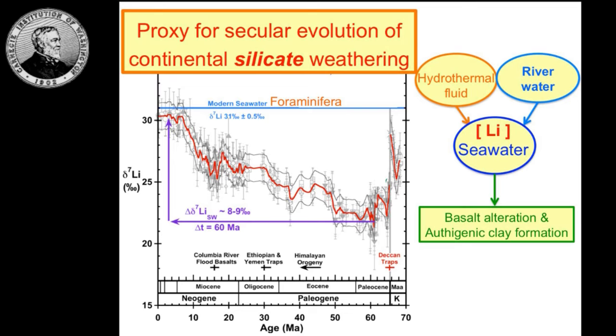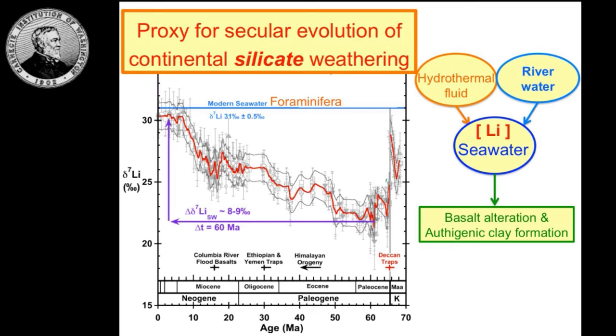So it's actually not very easy to say. However, I would say hydrothermal activity is probably not likely to change too much within the 60 million years. And exactly how it changed probably is not well known. And also the formation of authigenic clays and the basalt alteration, the mechanism at least did not change.